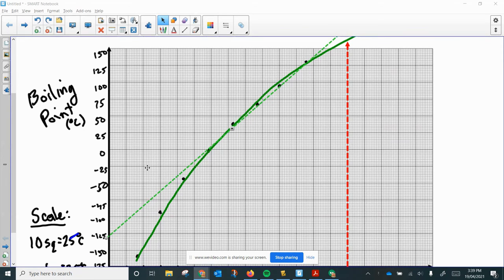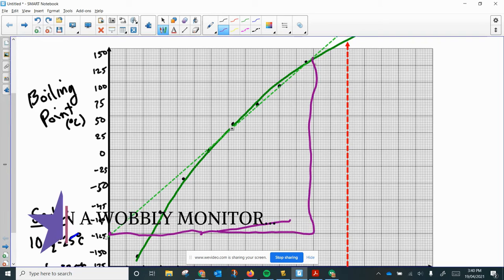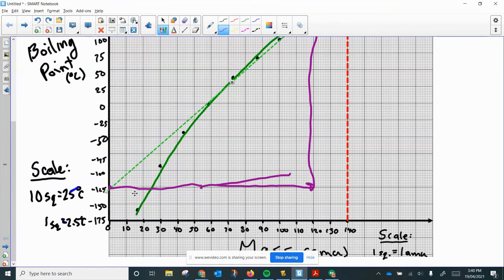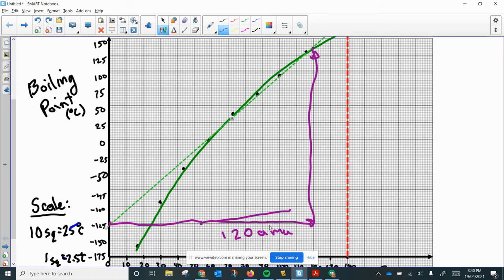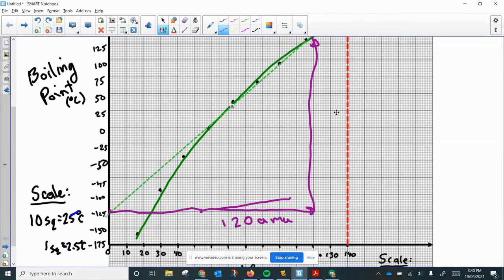So here we've got our run. So we've got 10, 20, 30, 40, 50, 60, 70, 80, 90, 100, 110, 120. So we have a 120 AMU run. Now, if we look at the rise, we got 10, 20, 30, 40, 50, 60, 70, 80, 90, 100, about 105.